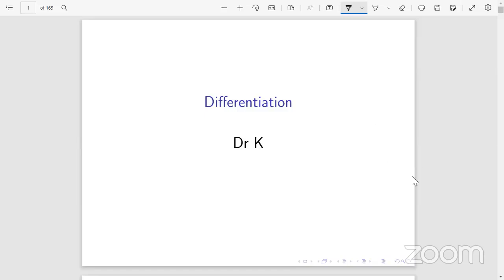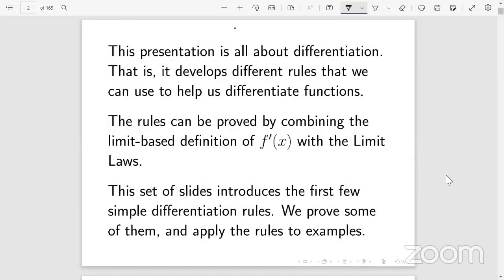That's what we're doing today, and get to work on some rules. We'll be developing different rules of differentiation that help us to differentiate easier instead of having to factorize all the time, so we can just differentiate right away.